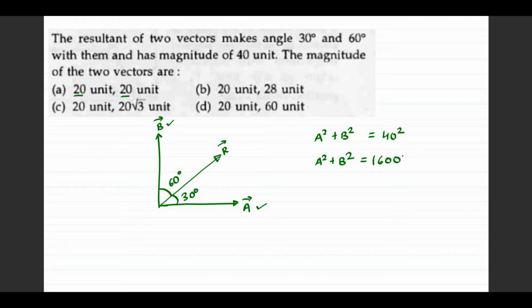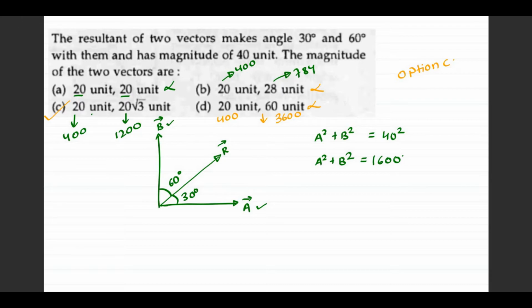If you look at this, it is 400 plus 400, 800, so not possible. If you see this, 28 square will be 784, 20 square will be 400, again the sum will not be 1600. This will be 400, this will be 1200, so the sum is 1600. So this is the possible answer. If you go for this, this is 400, this is 3600. The summation is not equal to 1600, so this is also incorrect. So our answer should be option C.